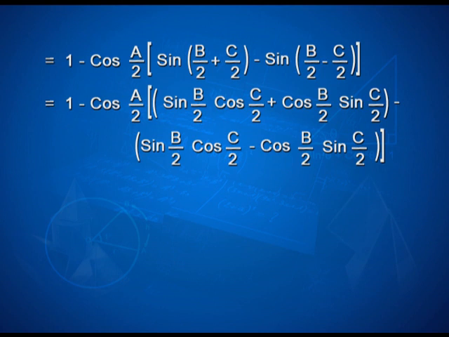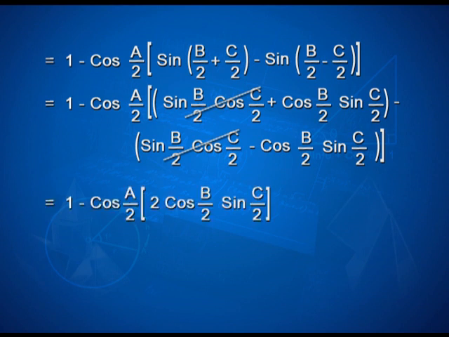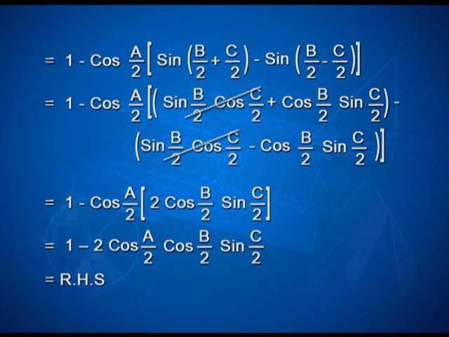On opening the brackets, we see here sin B upon 2 into cos C upon 2 get cancelled because they have opposite signs, and we could express this as 1 minus cos A upon 2 into 2 cos B upon 2 into sin C upon 2. Thus, we can write this as 1 minus 2 cos A upon 2 into cos B upon 2 into sin C upon 2, that is equal to RHS.